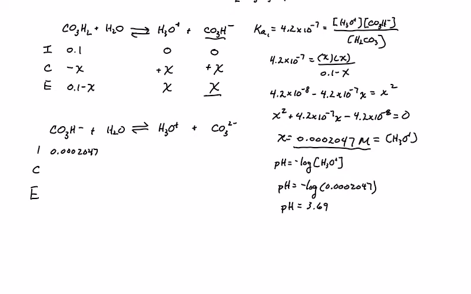Okay, and the hydronium concentration is also not going to be 0. The hydronium concentration is the same value. The carbonate value, however, is going to be equal to 0. And because that's 0, we know that we're going to shift to the right here, so we're going to lose reactants and form product.